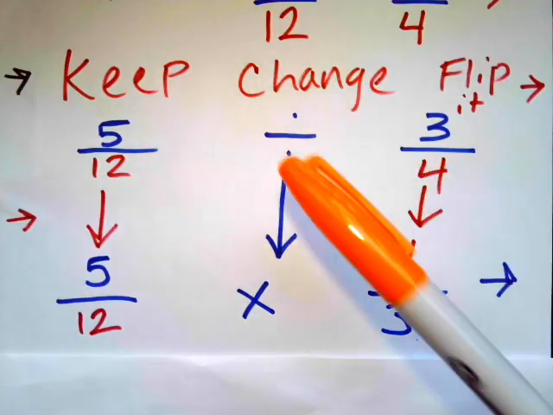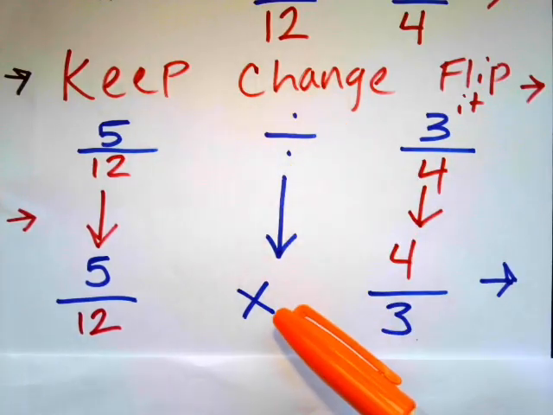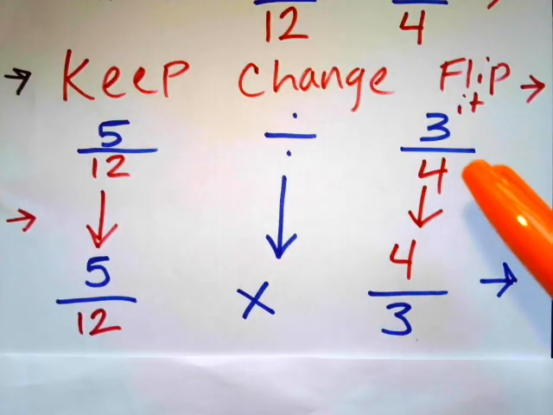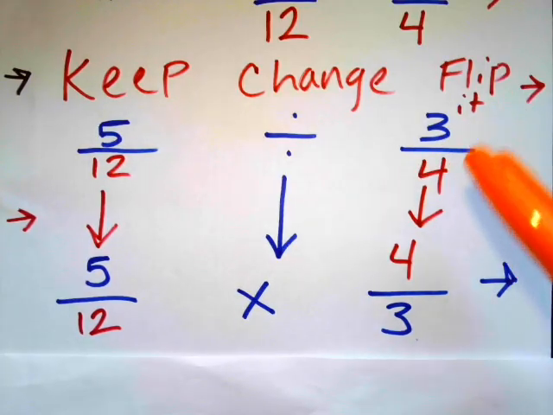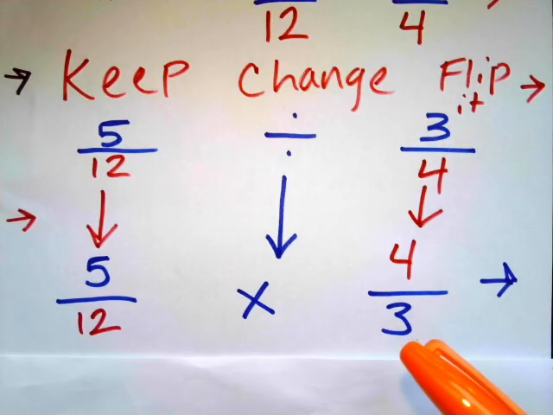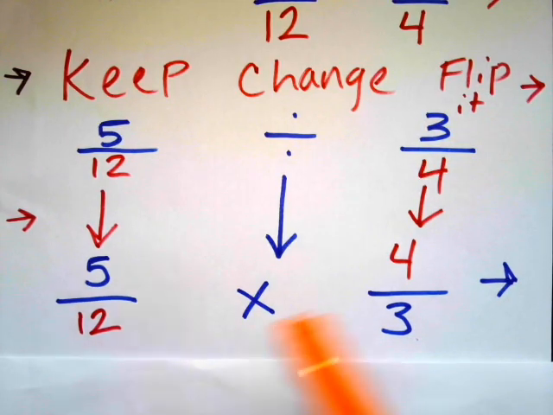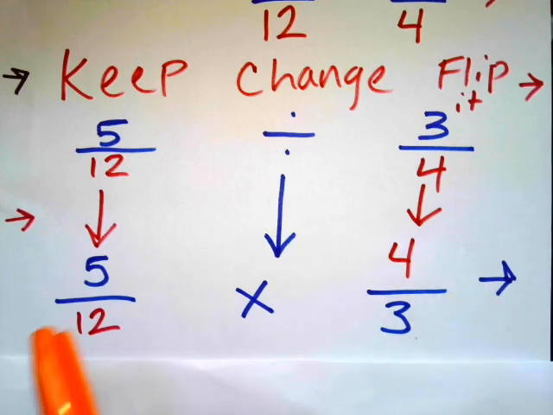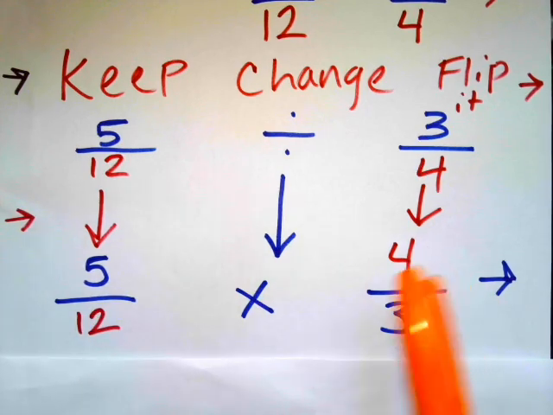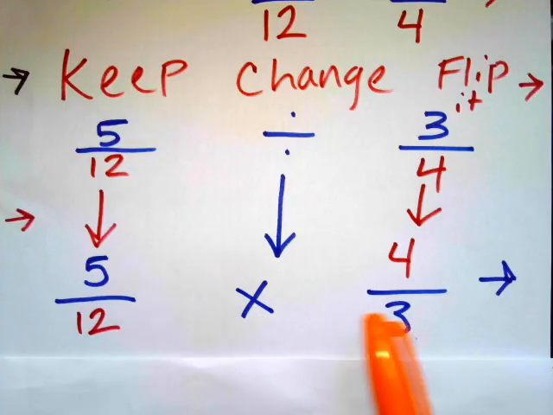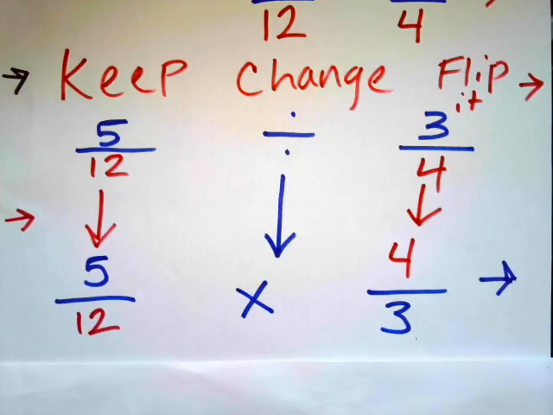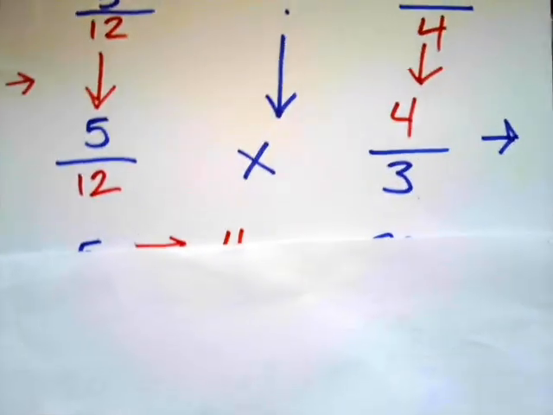Finally, flip that fraction. Again, in order to change division to multiplication, you have to flip this fraction here. 4 goes on top, 3 is now your new denominator. Now you can cross simplify, or you can simply multiply top to top, 5 times 4, and 12 times 3 on the bottom.